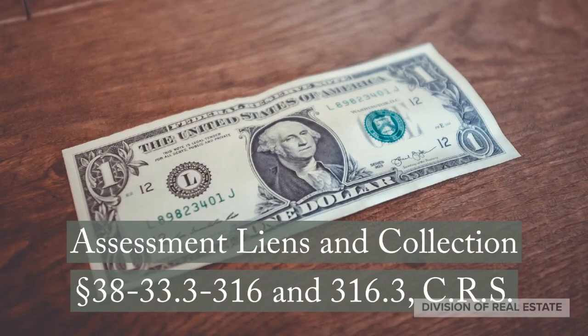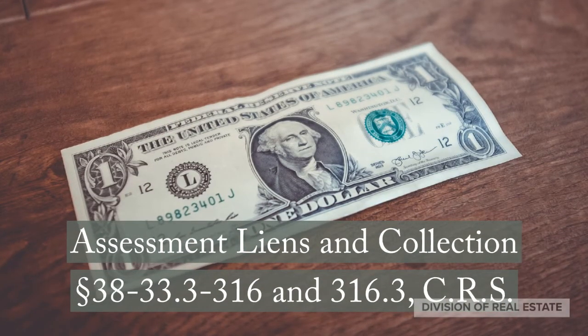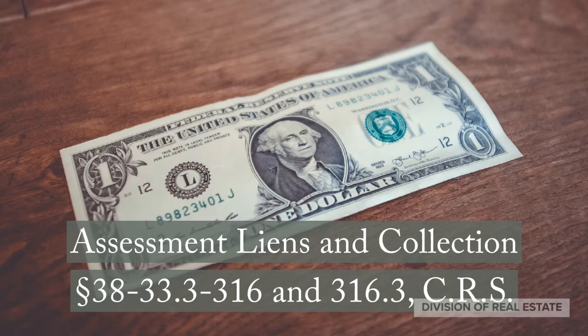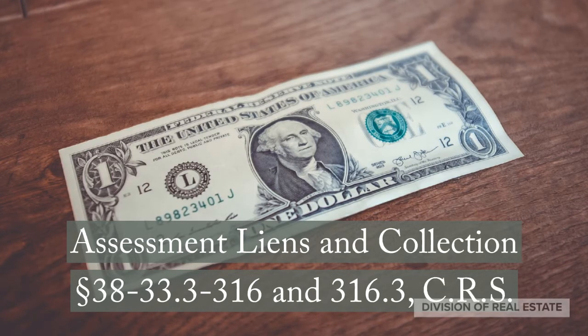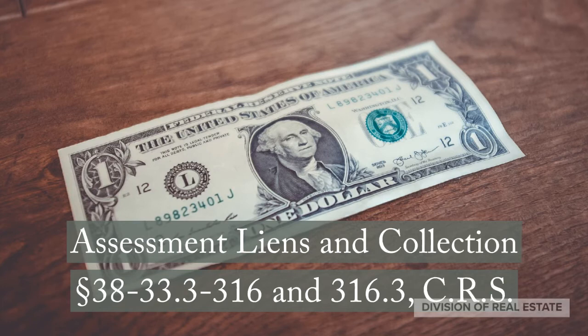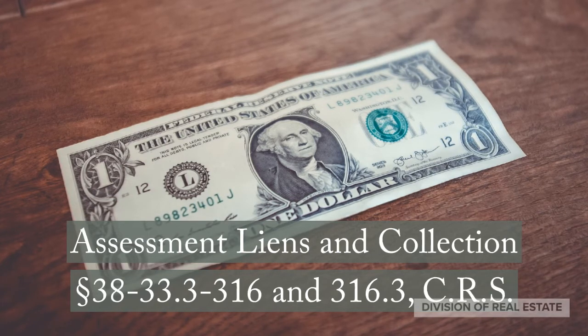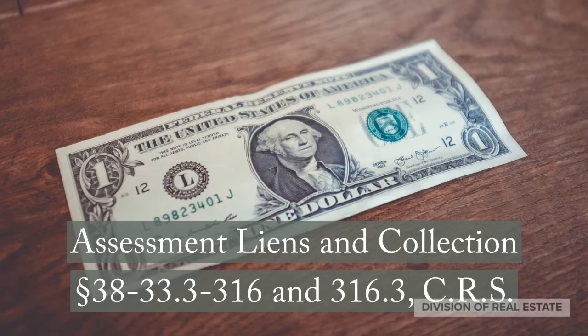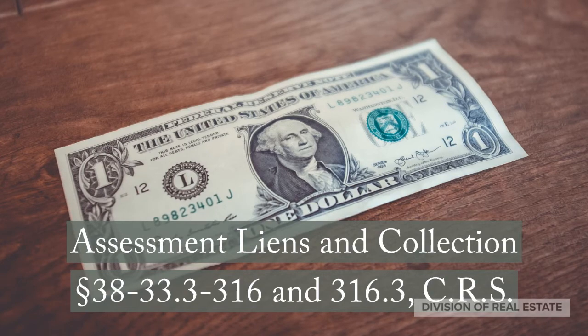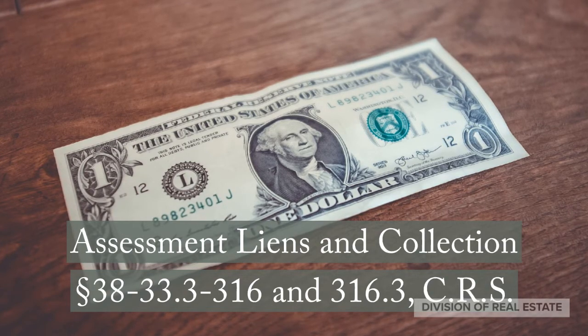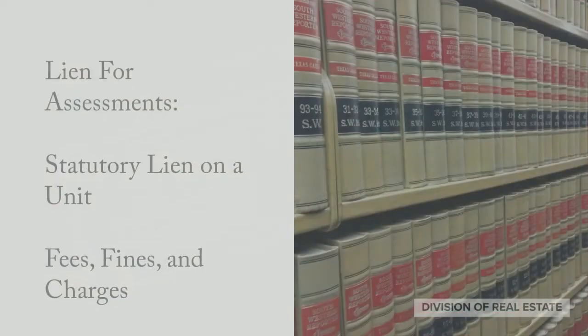Assessment liens and collection are covered in the Kiowa law under Section 3833.3, 316, and 316.3 of the Colorado Revised Statutes. The association has the power to institute collection against a homeowner that does not pay their assessments. Lien for assessments.